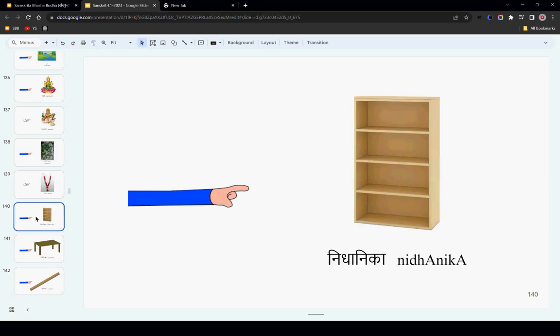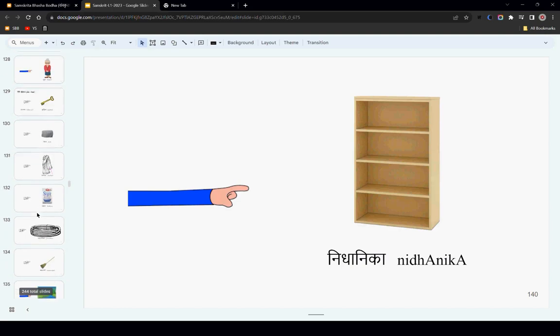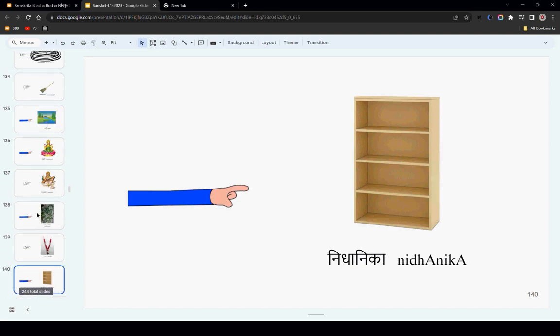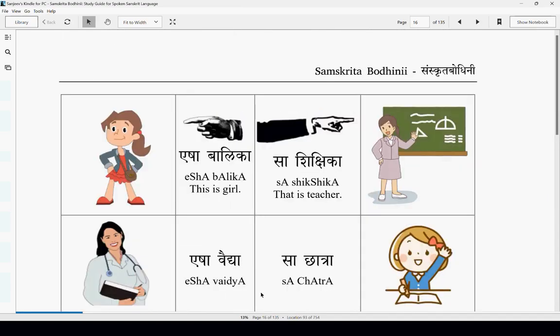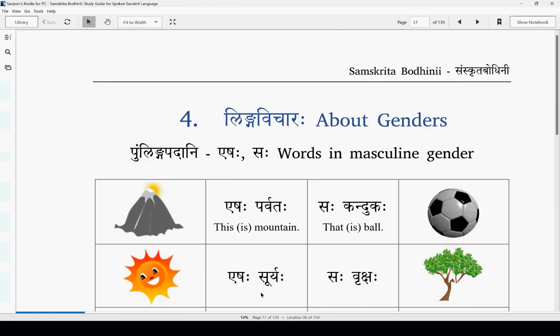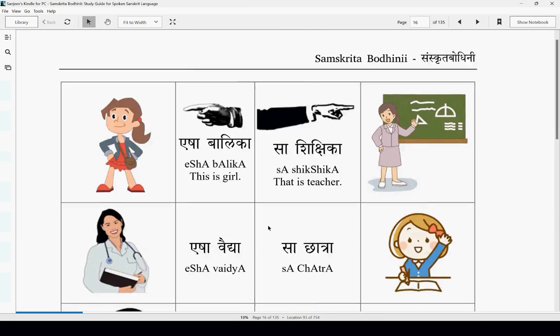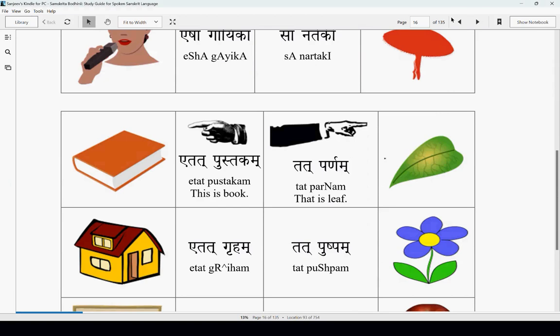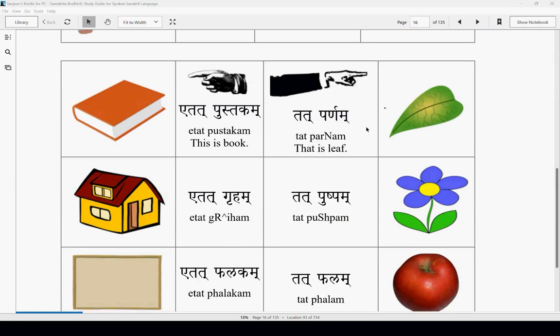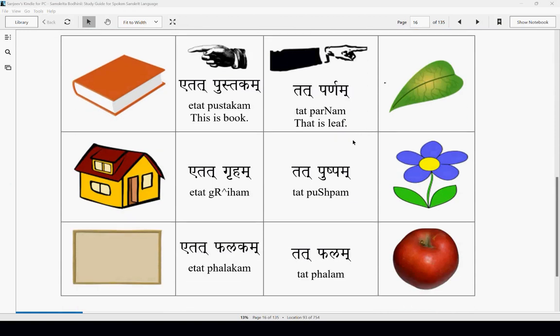Utpitika, Sanithanika, etc. So these are some examples which are given here for these Strilinga words, words which are in the feminine gender. Now coming to neutral gender examples.